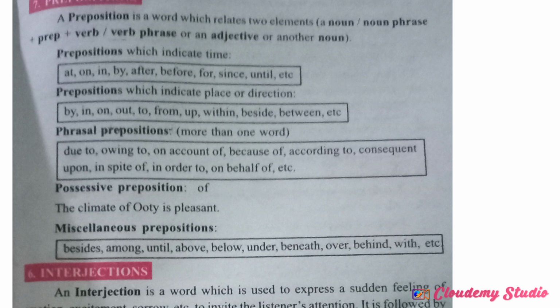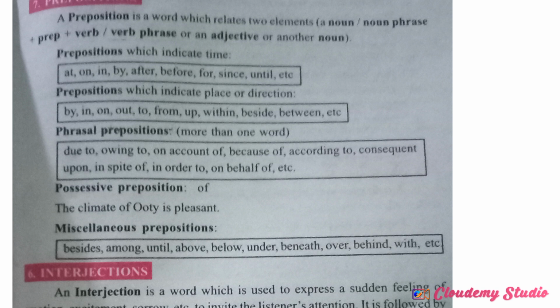Prepositions which indicate direction are in, on, out, to, from, up, within, beside, between, etc. This kind of words will be used. For example, I came by car. I am in my class. It is on the next road. Please come out. I want to know the information.